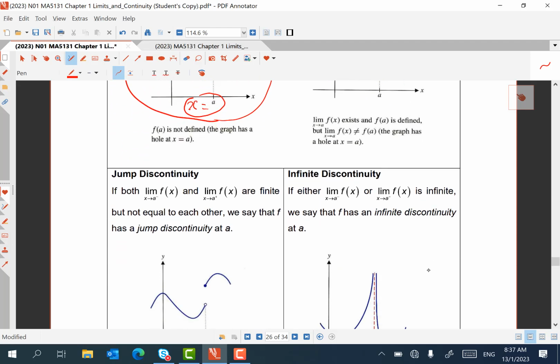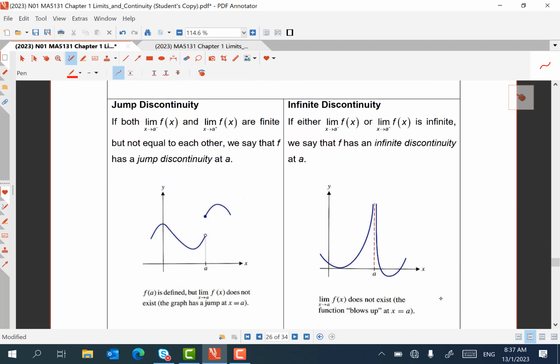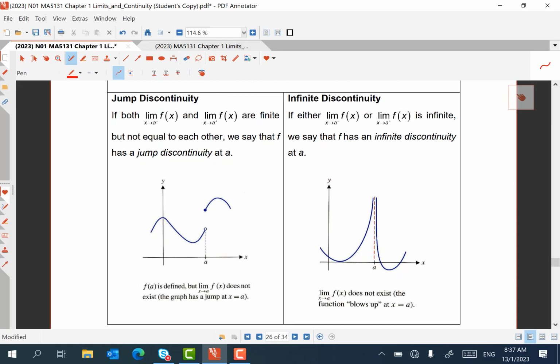Another discontinuity is the jump discontinuity. This is a case where you experience a jump. Unlike the earlier discontinuity, there's no way for you to join them back and make it continuous. You can see that there's a jump, so it's described as jump discontinuity, not removable.